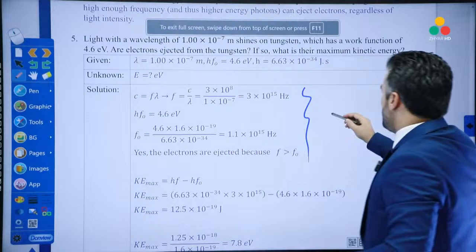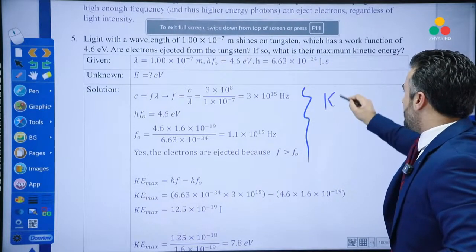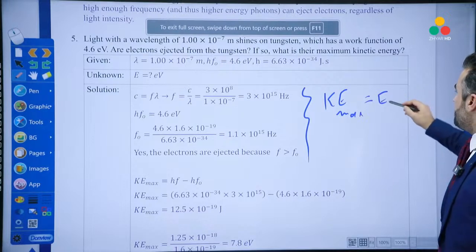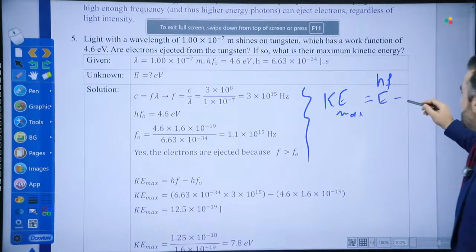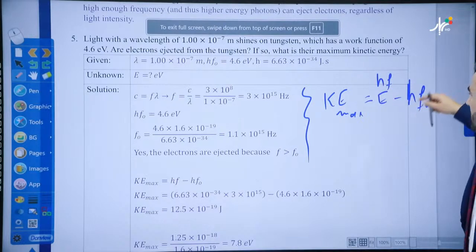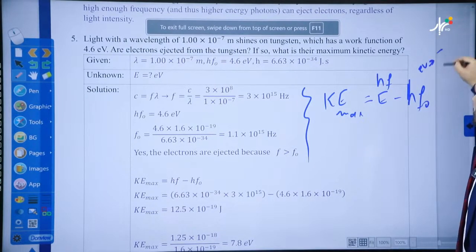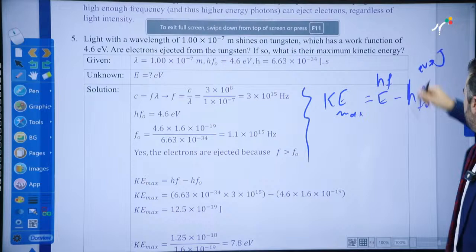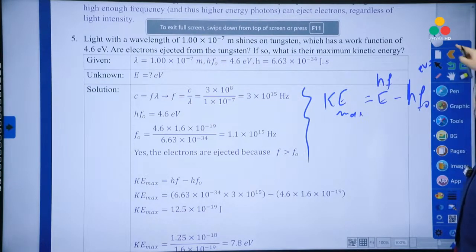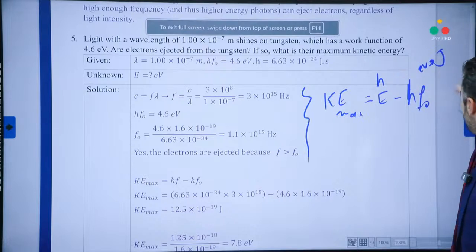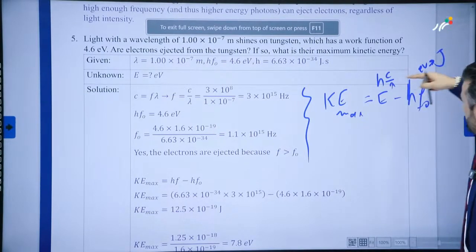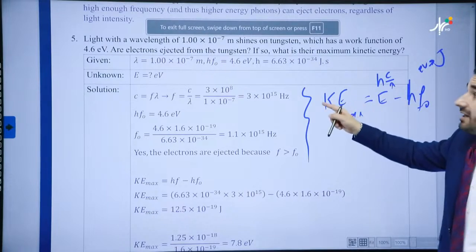So maximum kinetic energy is equal to hf, the energy of the incident photon, minus the work function, that is hf naught. The work function we have in electron volts, converted to joules, and instead of the frequency, we have the wavelength, so we can say hc over the wavelength. You subtract the two and you'll get the maximum kinetic energy.